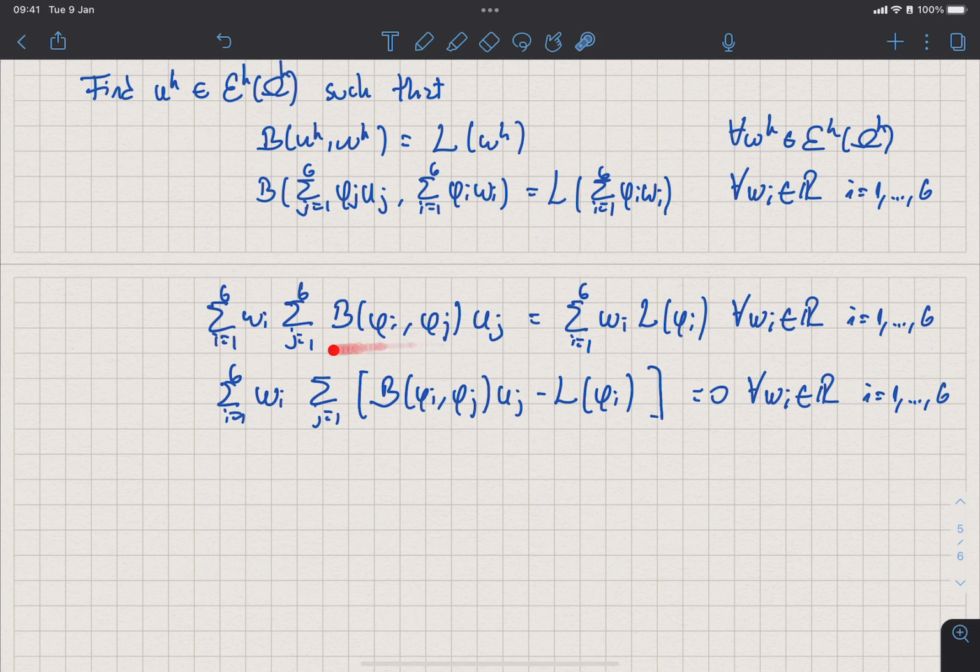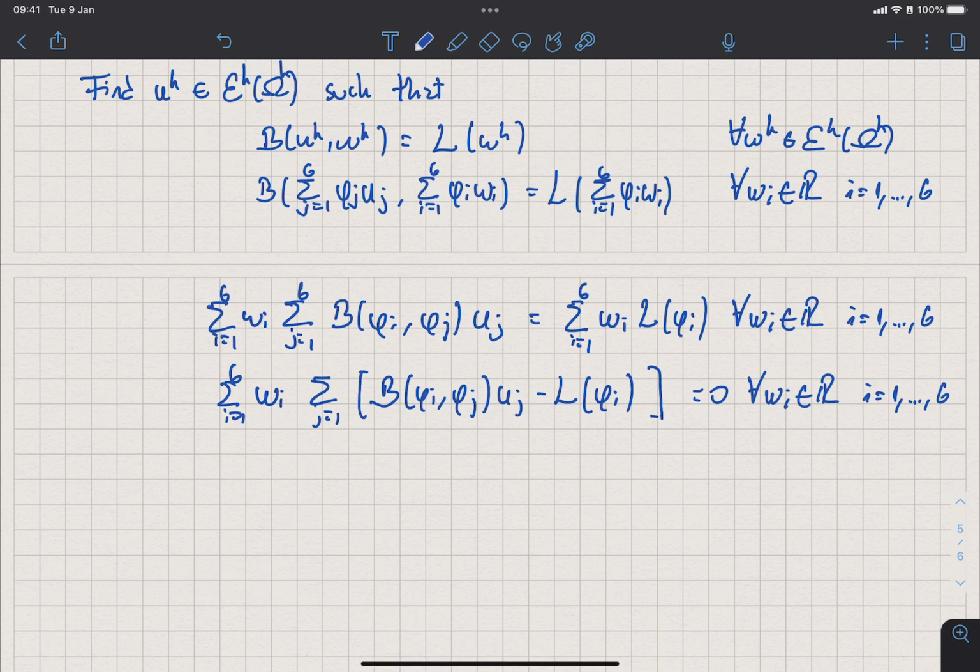So if this whole expression has to be equal to 0, right? Since this equation has to be valid for all w_i's, these are all coefficients, that essentially means that this whole thing here has to be equal to 0, and this is where we're getting our system of equations.